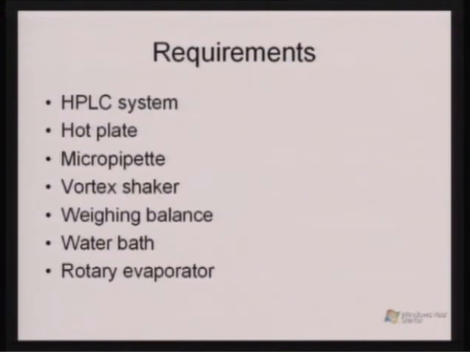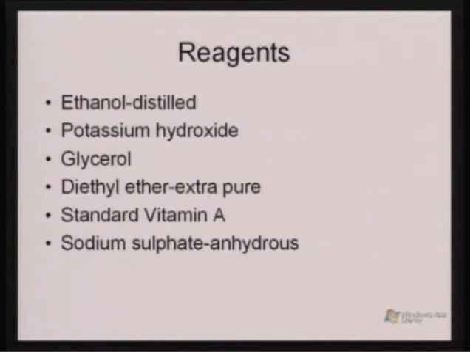The requirements for this method are the HPLC system, hot plate, micropipette, vortex shaker, weighing balance, water bath and rotary evaporator. The reagents required for the analysis of vitamin A are ethanol, which should be distilled, potassium hydroxide of AR grade, glycerol of AR grade, diethyl ether of extra pure grade, standard vitamin A, and sodium sulfate anhydrous.